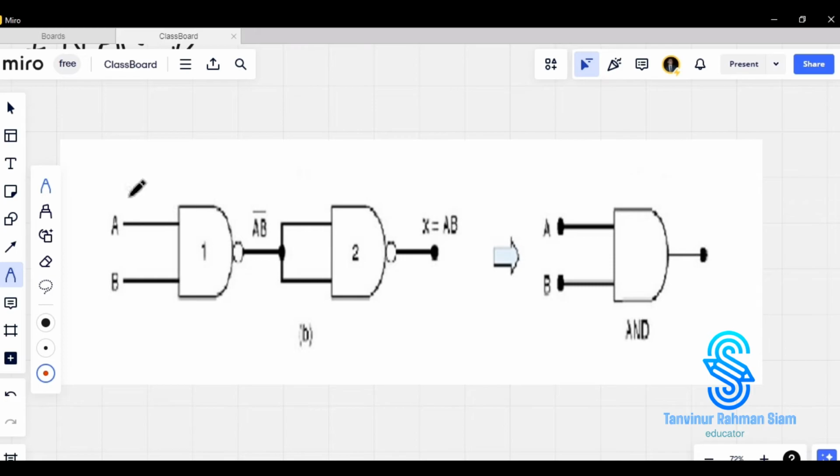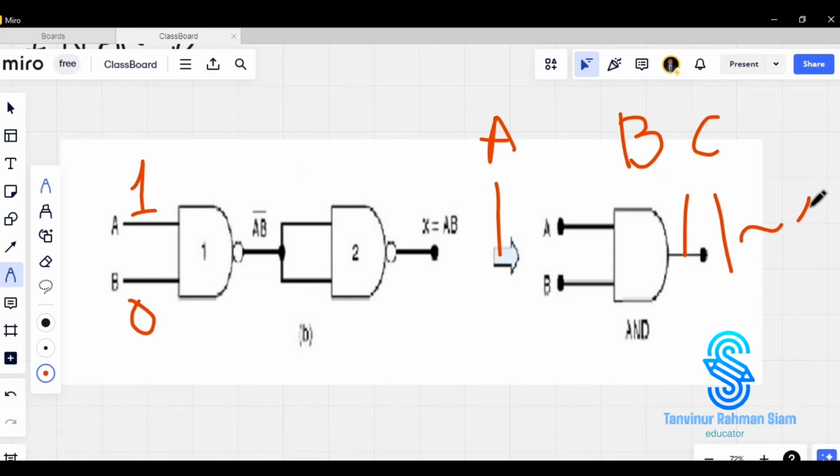Okay, so first of all, suppose we are giving 1 and 0. Okay, and what is the truth table of AND gate? The truth table of AND gate is, if we get true values in all the blocks, then we are allowed to give out a true value in the output. Like if you are giving A, B, C, there are 3 inputs, so you are giving 1 1 1, then the output will be 1.